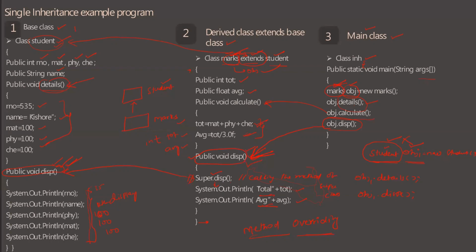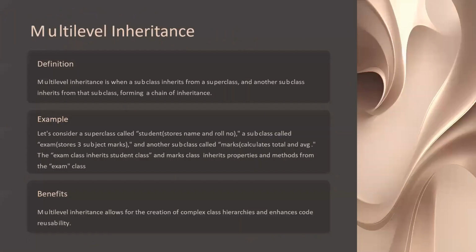Right. We'll move on to the next topic, multi-level inheritance. So what is multi-level inheritance? The name itself suggests it, right? You're going to have multiple levels of classes. I'll show you. This is one class, this is one more class, and this is one more class. So this is A class, this is B class, and this is C class.